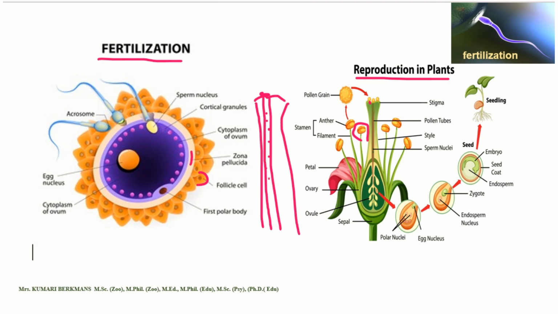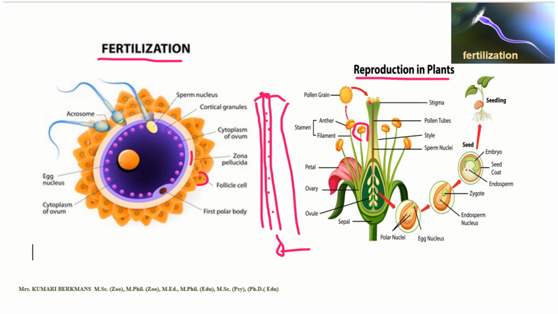Slowly from top to bottom it enters, and it reaches the ovule, and then fertilization occurs. So this nucleus and the ovular nucleus, the two nuclei combine and form the zygote. You can see here, this is the egg nucleus, and after fusion the zygote forms. These are the endosperm nuclei.